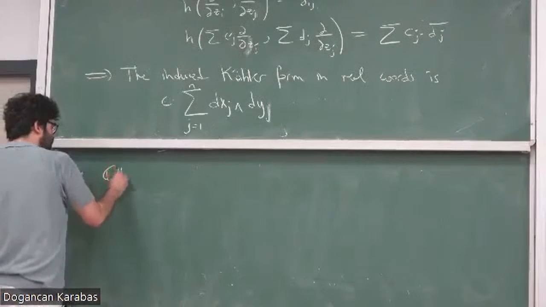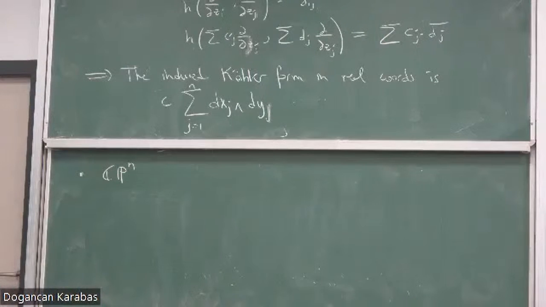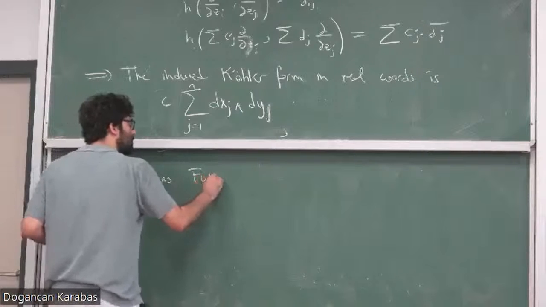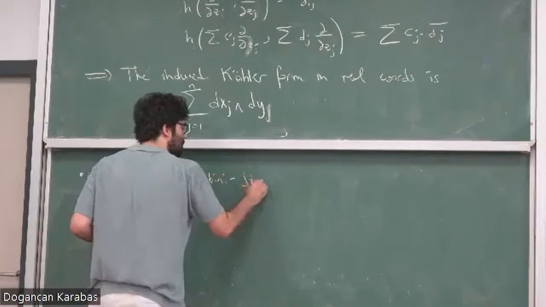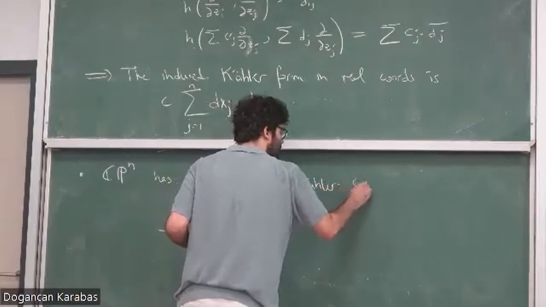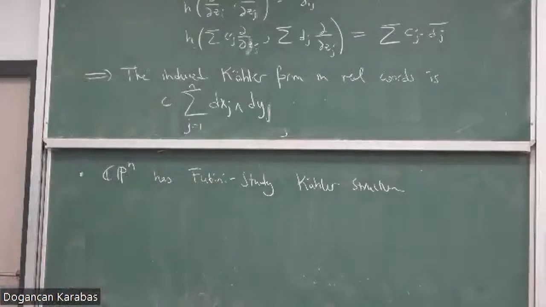So CPn, the complex projective space, has what's called the Fubini-Study Kähler structure. I will only describe its Kähler form. I'll think about CPn and just define the relevant symplectic form.